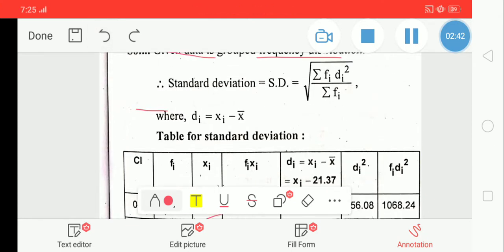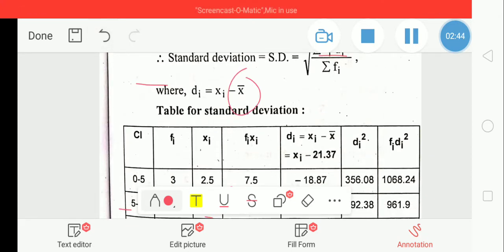Now we find x bar, the mean: summation of fi xi divided by summation of fi.